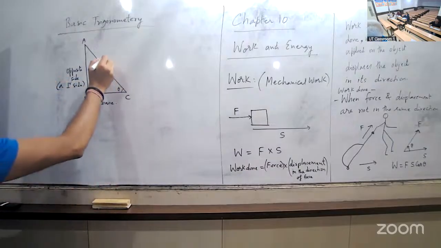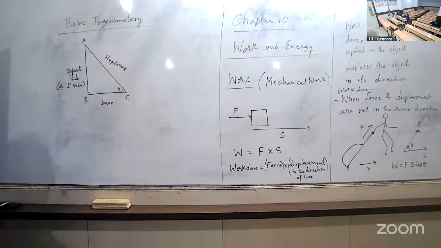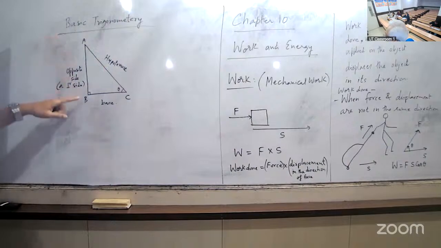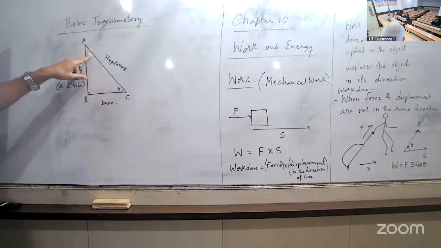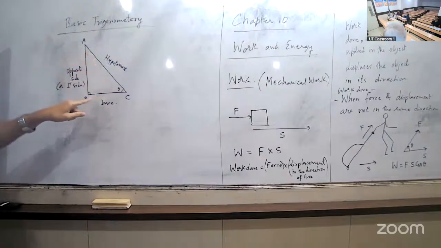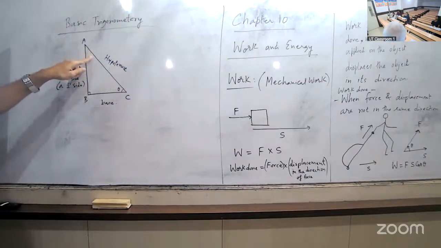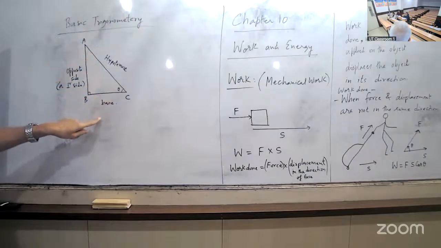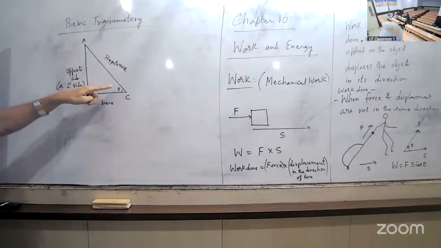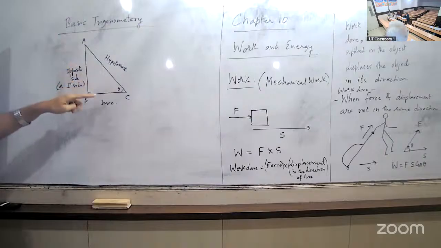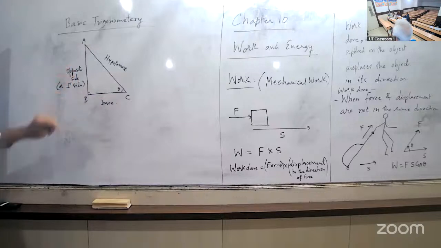And this is called hypotenuse. So AC is hypotenuse, AB is perpendicular, BC is base. If the angle theta was here instead, then BC becomes perpendicular. Always remember, the side opposite to the angle is perpendicular, and the side adjacent to the angle is base. Is this nomenclature clear?